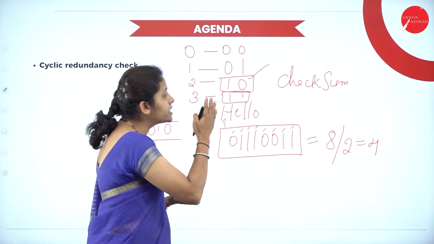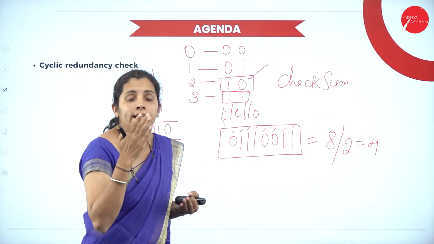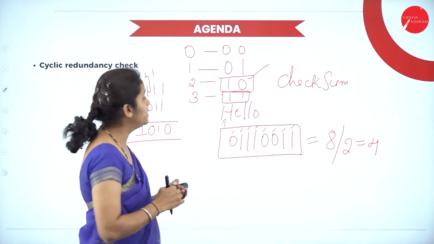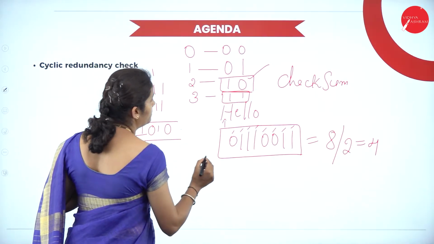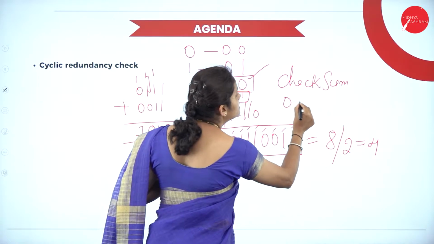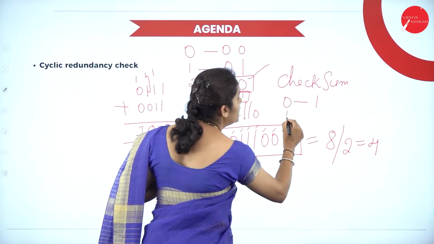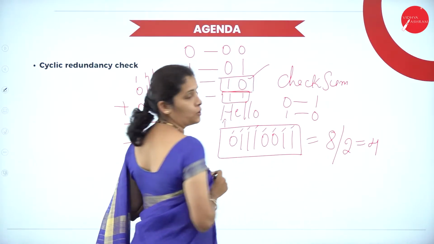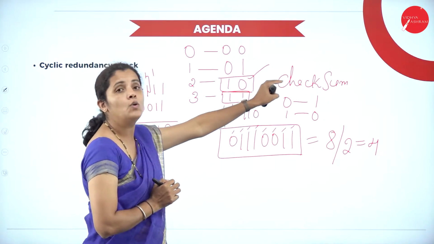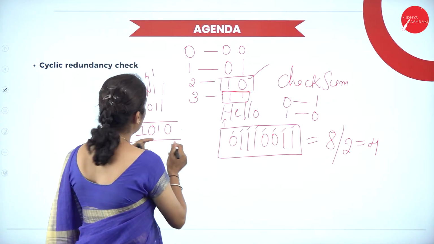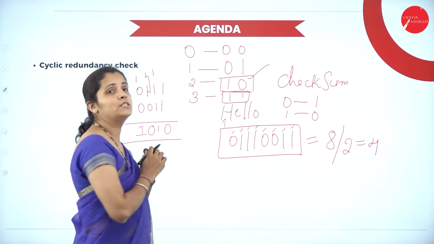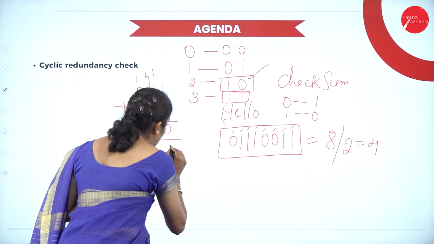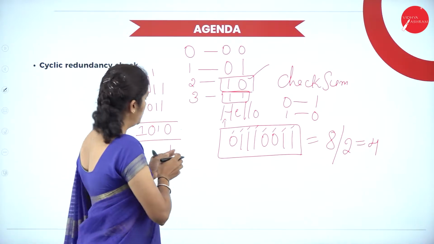According to the checksum rule, I want to take the ones complement of the sum. So this is my sum. In ones complement, 0 is written as 1 and 1 is converted into 0. This is the ones complement rule. If I take the ones complement of 0, I get 1.